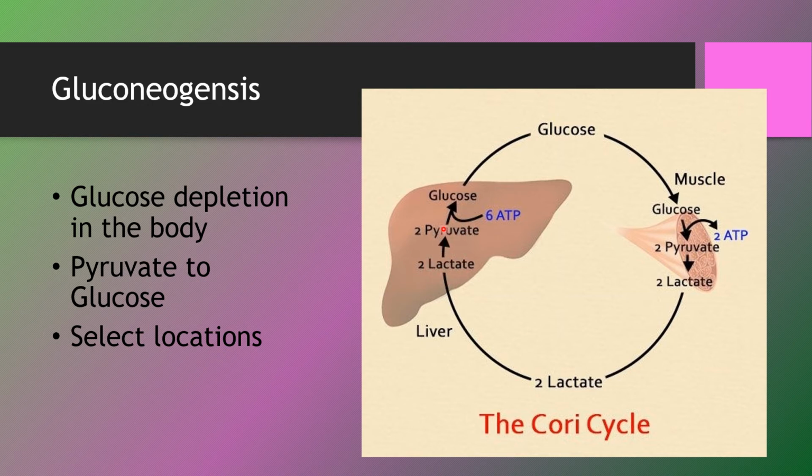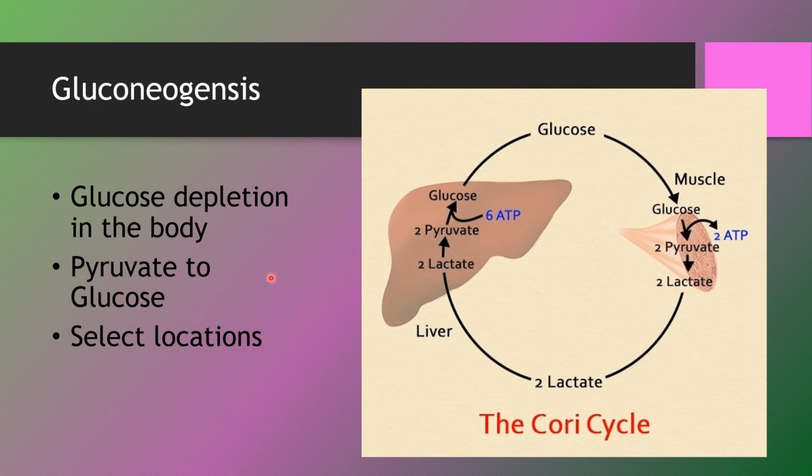That pyruvate then flows through the gluconeogenesis reactions, and then you get your ending glucose, and that glucose can then be used back at those muscles to produce the ATP that we need. But again, gluconeogenesis happens when the body is depleted of glucose for some reason.